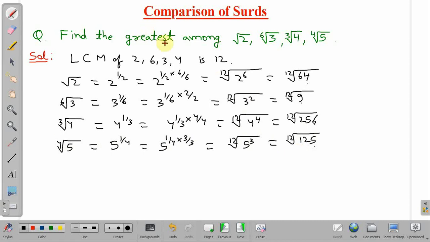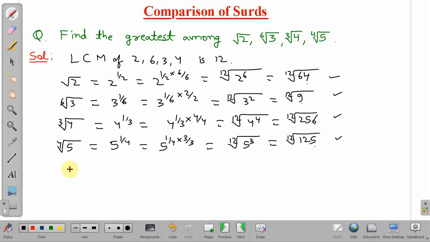But we have to find the greatest number, and now all the numbers are surds of order 12. So just by comparing the numbers inside the root, we can find which one is greatest. Obviously 256 is the greatest.